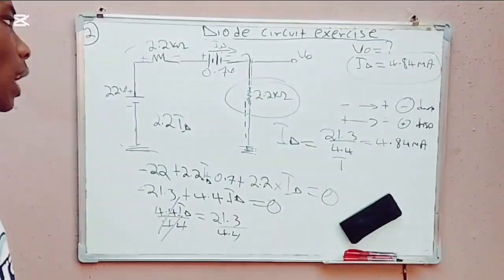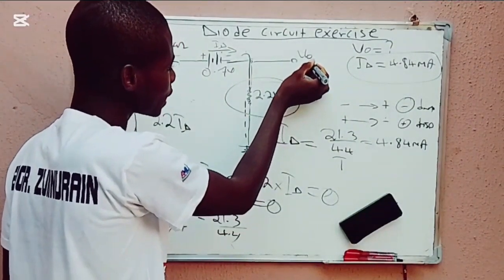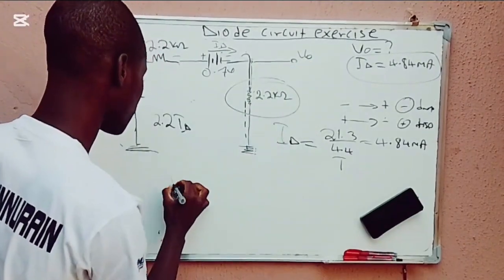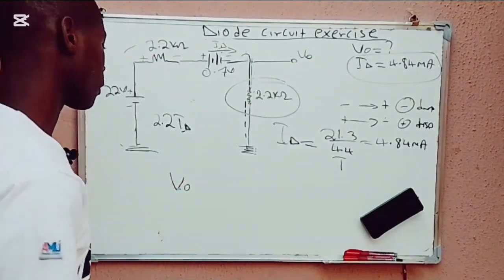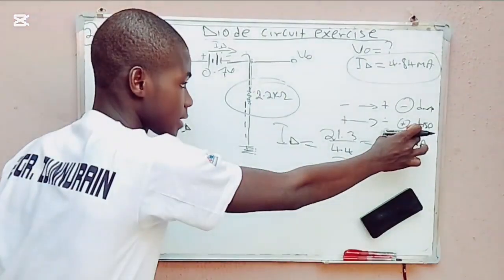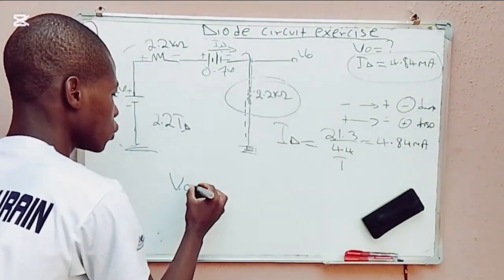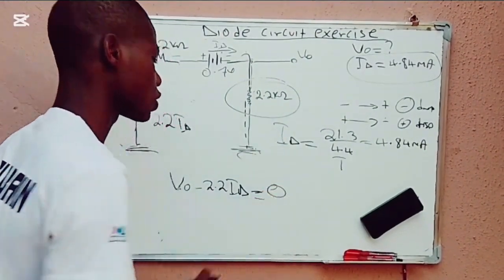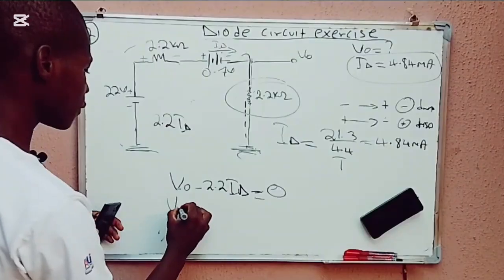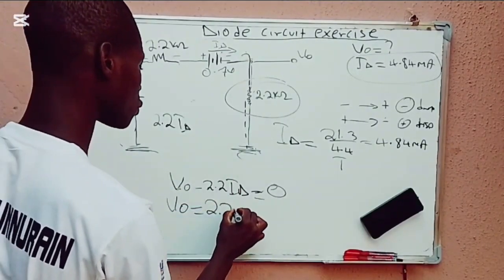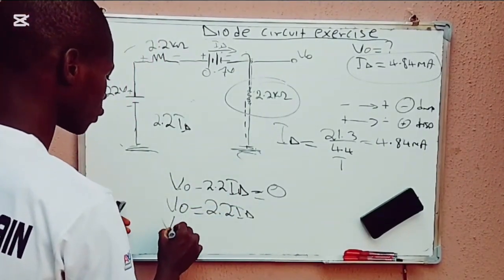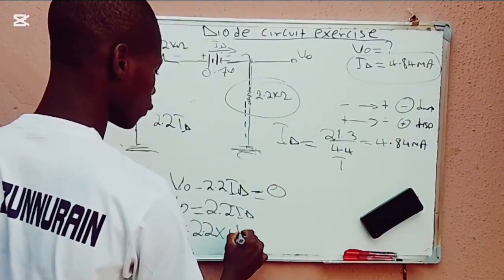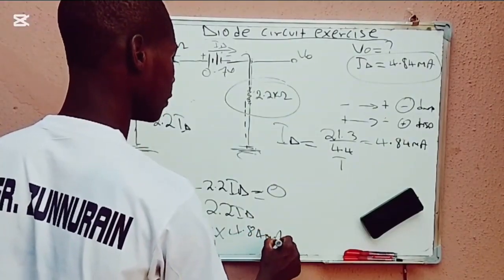So the next thing is the voltage out, the V out. So therefore I have to say that when this V naught rises, the resistance will drop, so it will now be negative 2.2 ID, which should now be equal to the source of ground, which is 0. So this V naught should now be equal to 2.2 ID, which is 2.2 multiplied by 4.84 milliamps.